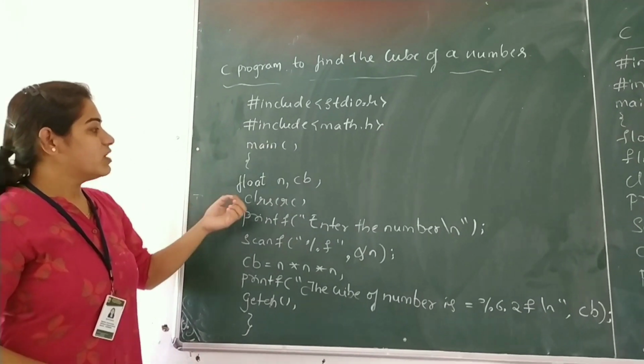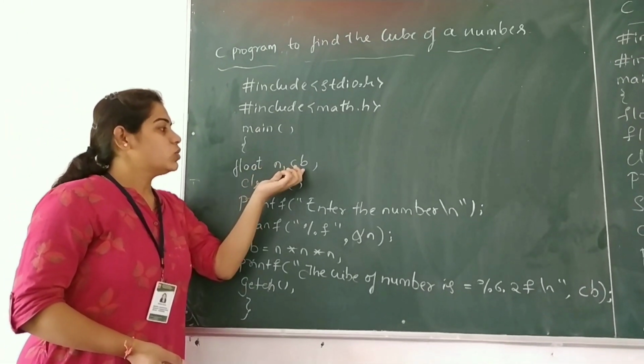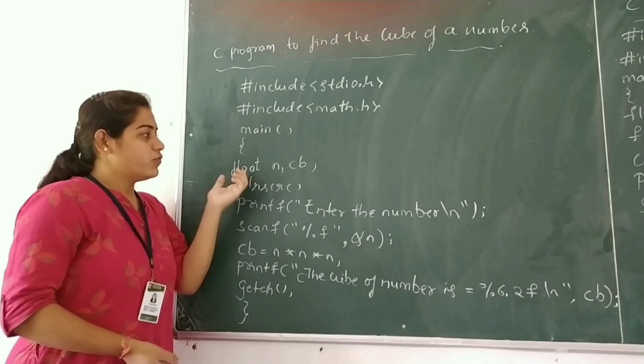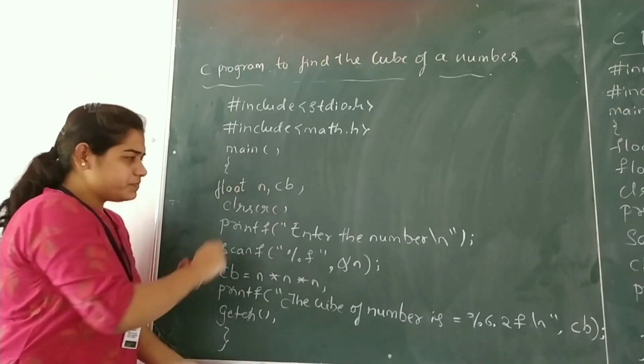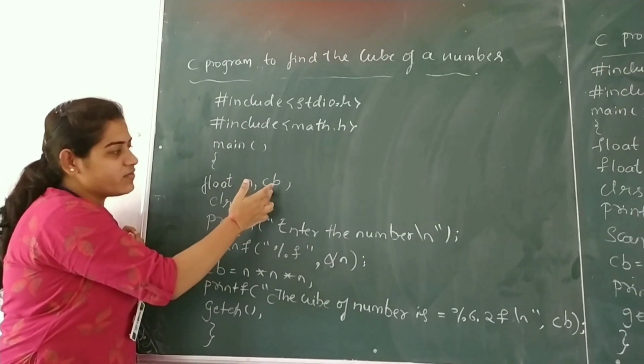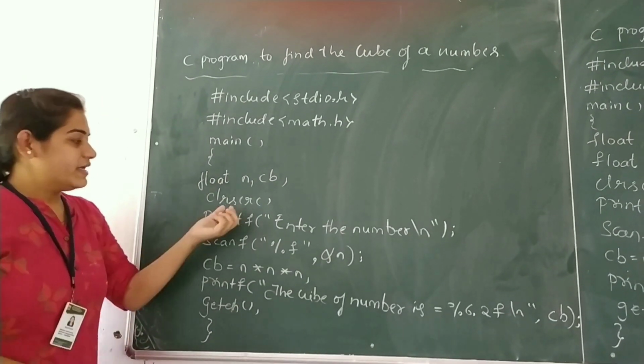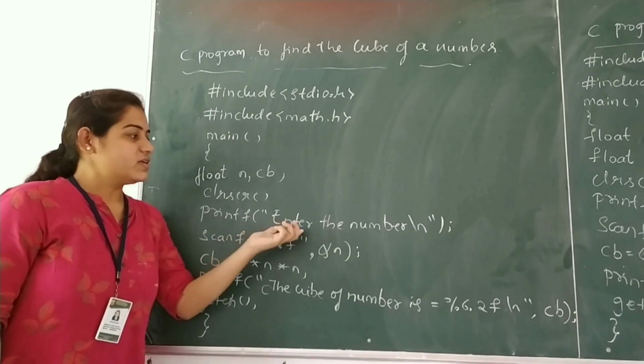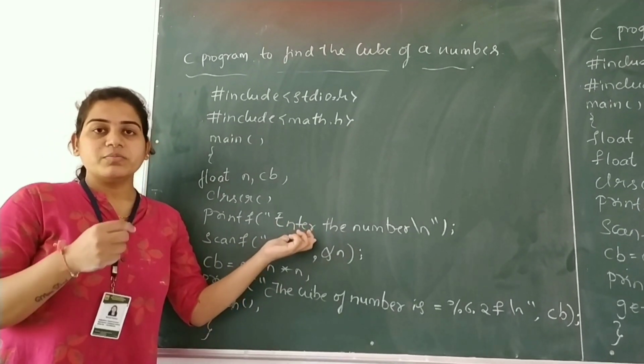So here is the main function, followed by two variables declared with the data type float. One is for entering a number, and the other is to display our output. Clearing the screen, we first print a message asking for the number whose cube we want to find.